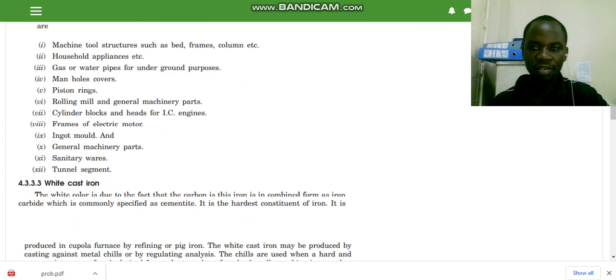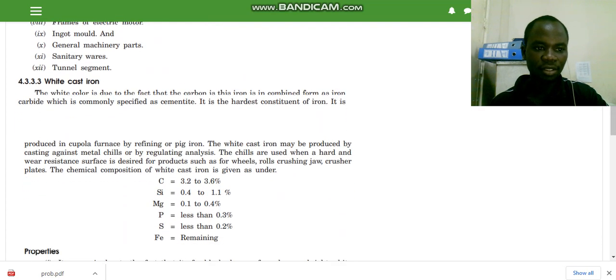So another type of cast iron is white cast iron. It is white in color due to the fact that the carbon is in the combined form, that is the carbide state, which is also known as cementite.